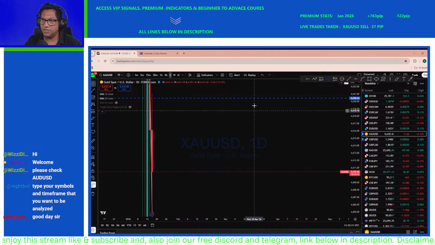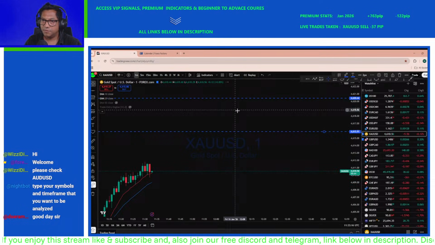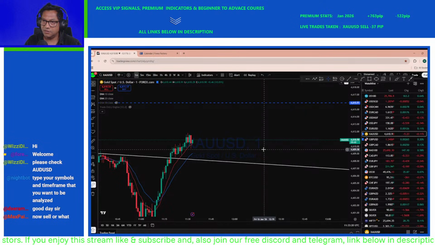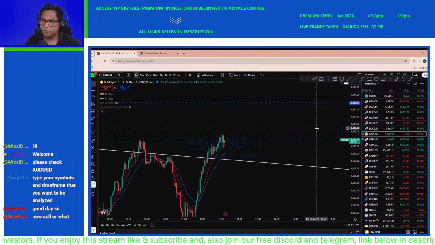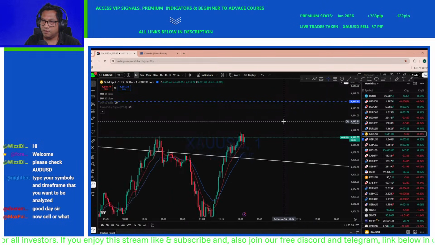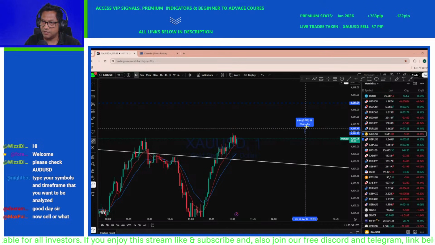If you look at the daily, the market is approaching this daily resistance line. Here there are multiple rejections, and I would like to take this potential move back to the upside in this market.